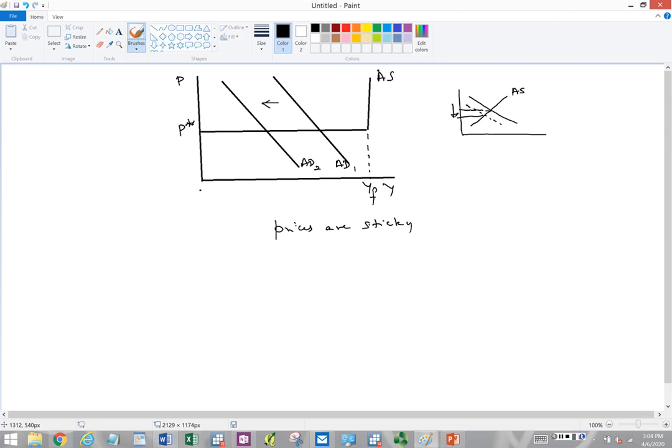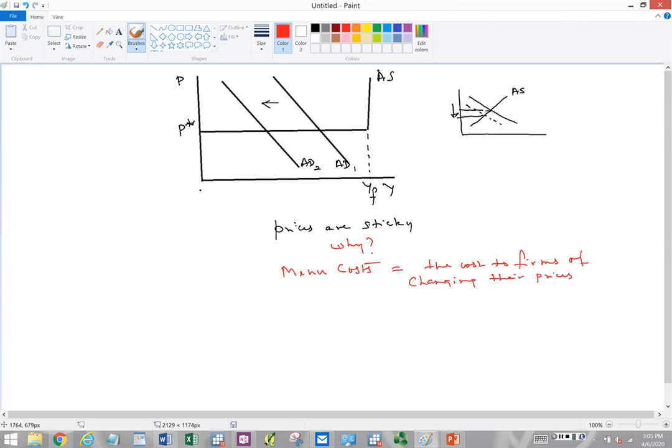Right? So why are prices sticky? Well, the Keynesians come up with the following explanation. It's called menu costs. Menu costs are essentially the cost to firms of changing their prices.